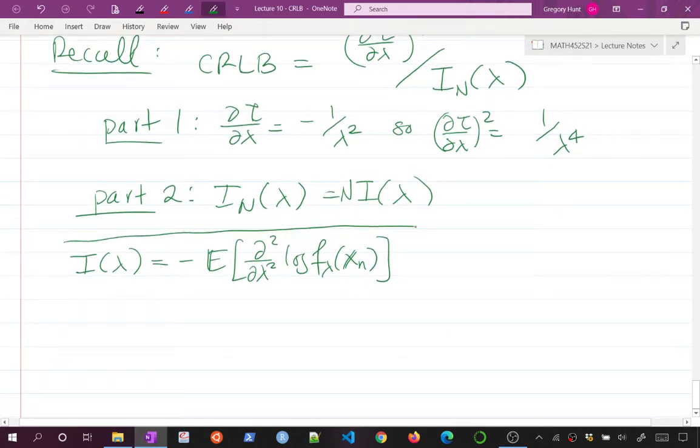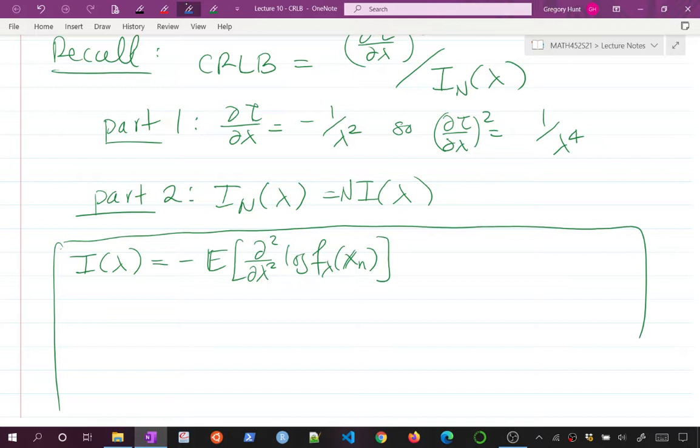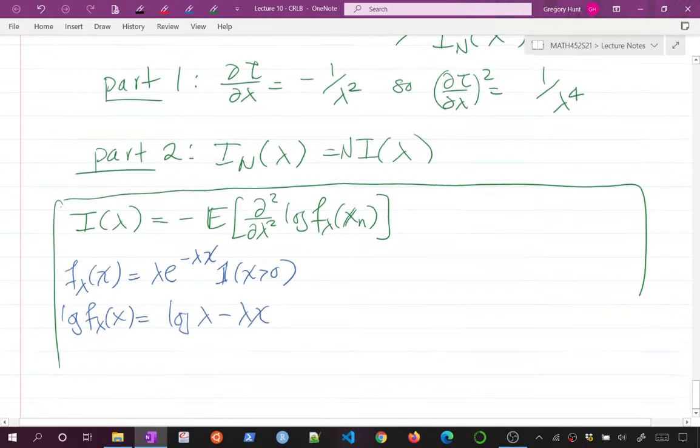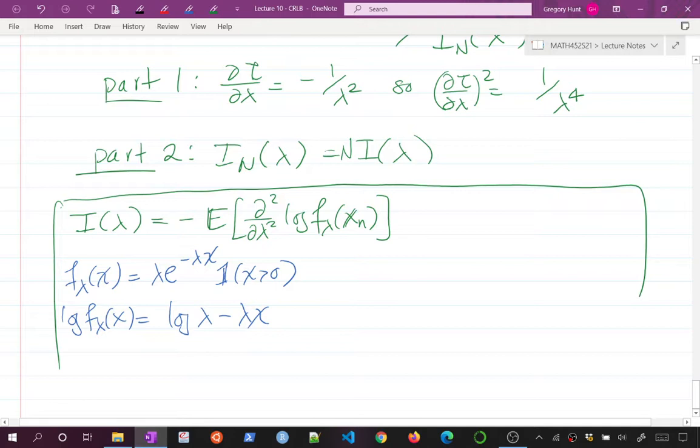First of all, f lambda of x is lambda e to the negative lambda x. I'm going to leave off the indicator that x is bigger than 0, because it doesn't depend on the parameter and won't make a big deal. Log f lambda of x is then log lambda minus lambda x. It's just going to disappear when I take a derivative.